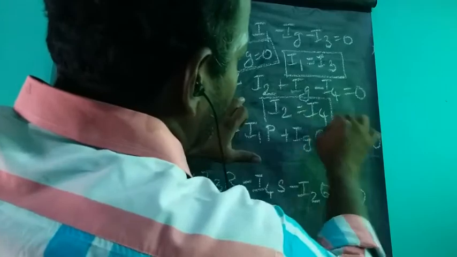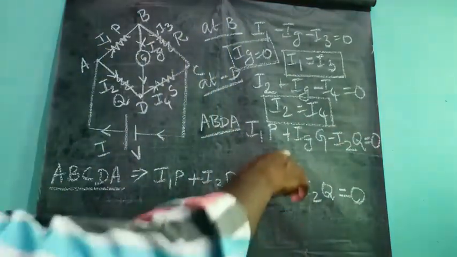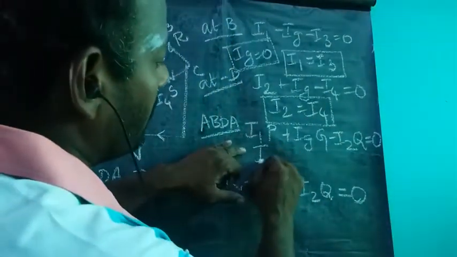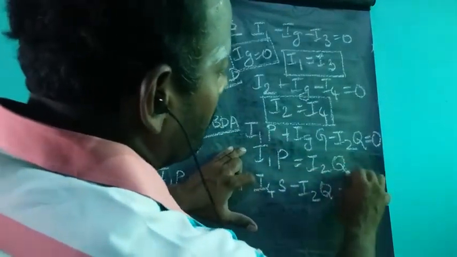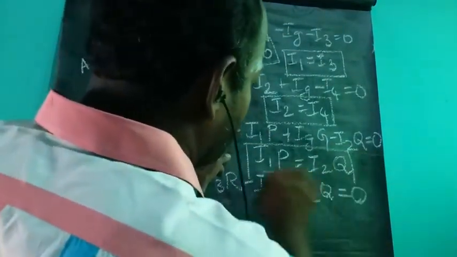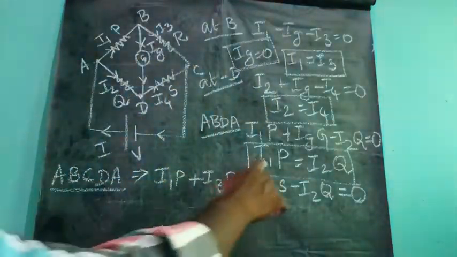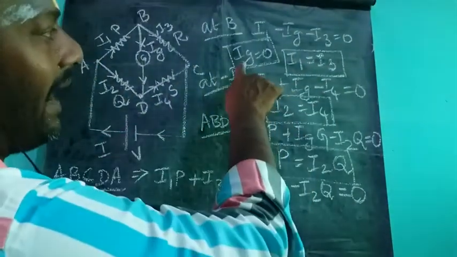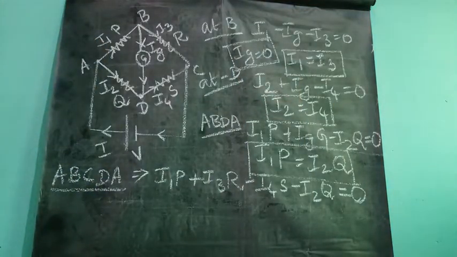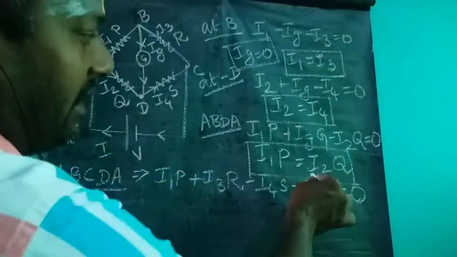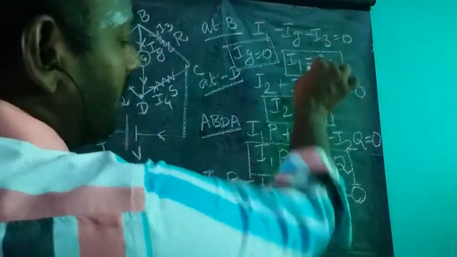And the third, from this, I1P is equal to I2Q. So these 3 have come only when I have considered IG is equal to 0. Now I am going to apply all these in this equation.